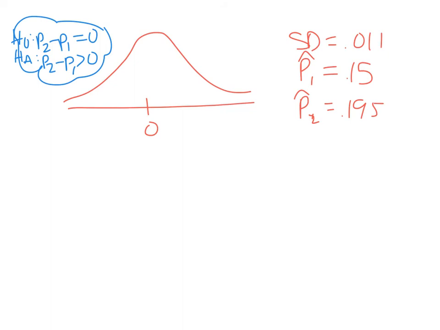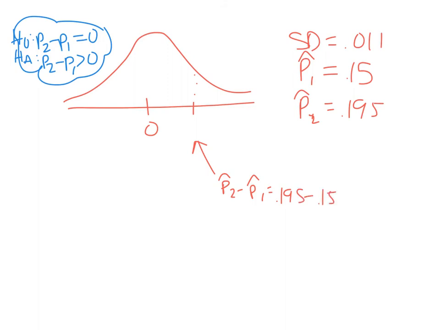We want to figure out the probability of getting our sample difference in the sample proportion or more extreme. So right here I am going to put p2 hat minus p1 hat, the difference between those two proportions.